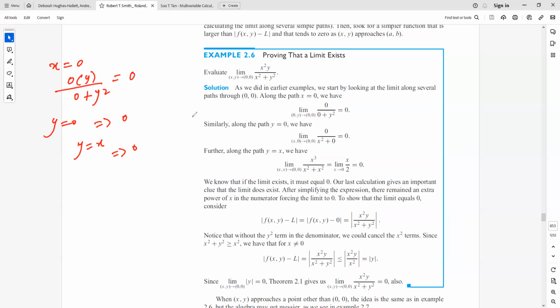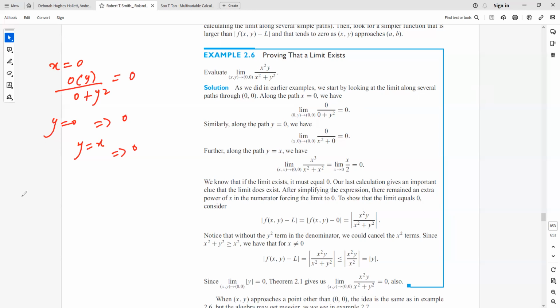But it's not sufficient to say that the limit exists by only looking at 3-4 paths or some finite paths, because we know that we can approach a point in space from infinitely many paths.